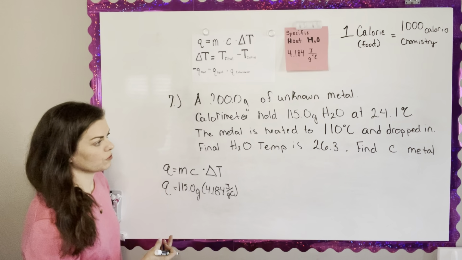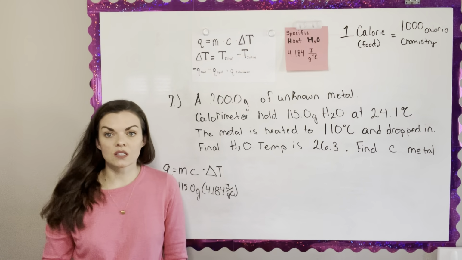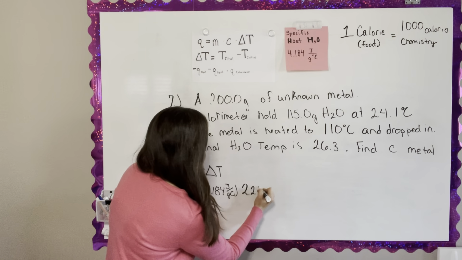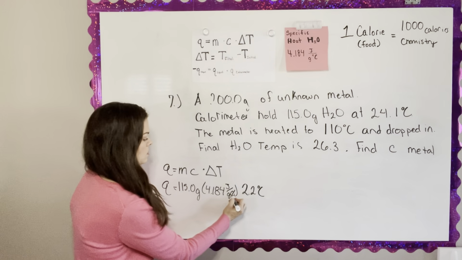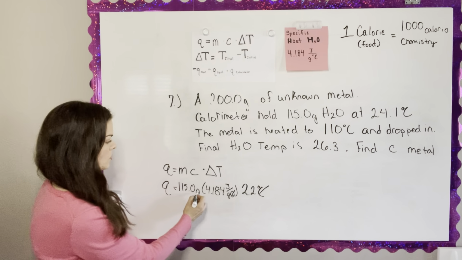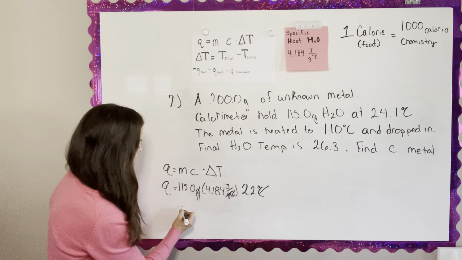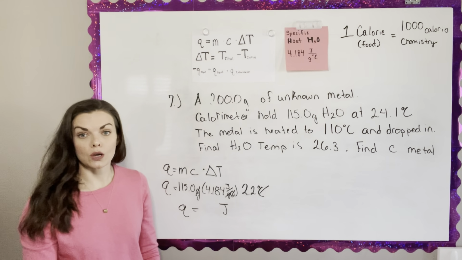And the temperature difference of water. So the water is going from 26.3, the final, minus 24.1. And so the temperature difference is 2.2 degrees Celsius. So Celsius cancel out, grams cancel out. And I'm just going to multiply those across and I will get an answer in joules. And that's the heat that goes into the water.